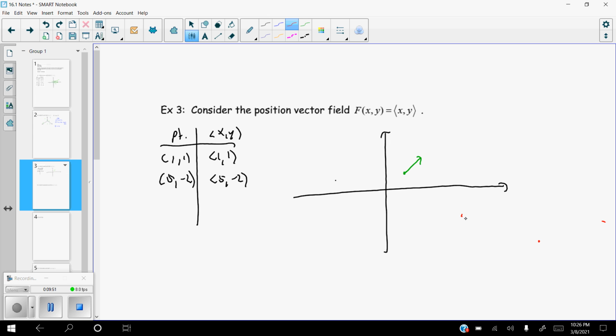So it might look something like this, 5, -2. That's what's called the position vector field. Basically, it says that your vector is going to be exactly the same thing as the starting position as far as the terms are concerned. So you go to that starting position, draw the vector based upon that. Again, not really difficult to do.